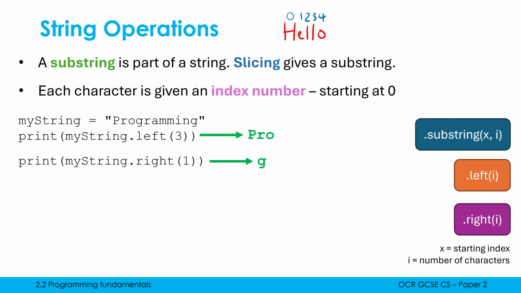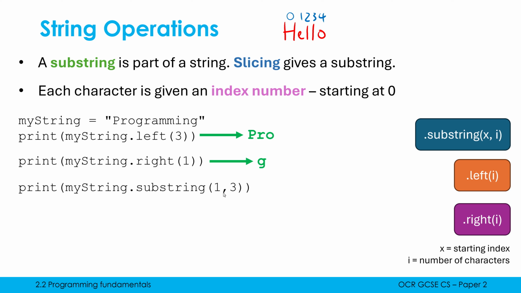If you want a substring in the middle of your string, we need to use the proper substring tool. So this is really a subprogram. In substring, we've got two what are called parameters. The first parameter, which is labeled X in OCR's guide, is the starting index, and the second thing we put in is a number representing the number of characters we want.